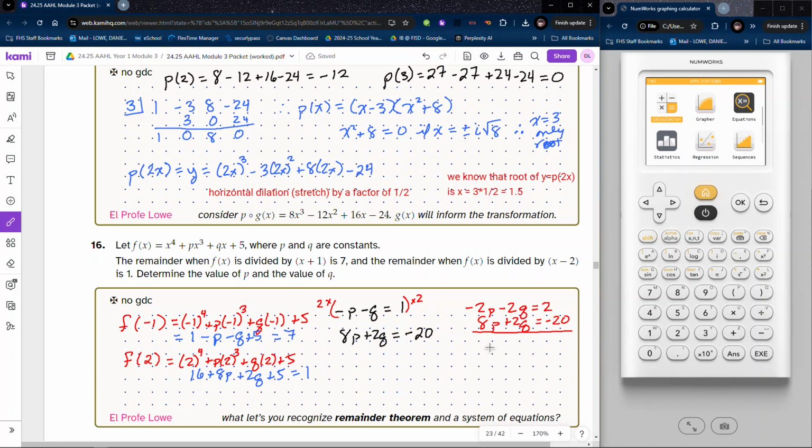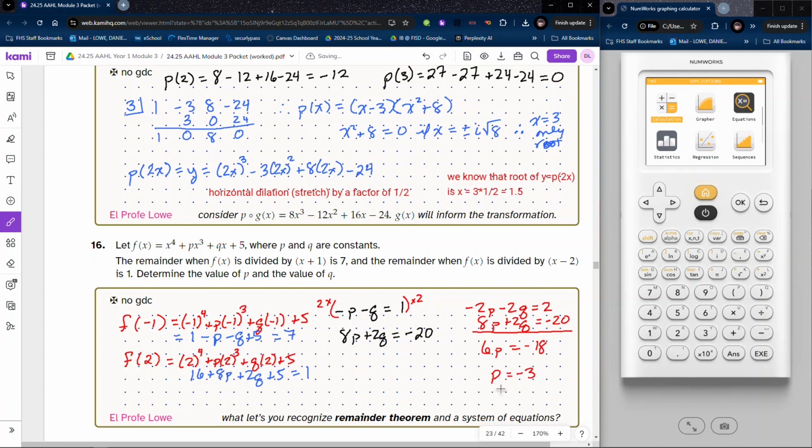If I add these two equations, I have 6p, and the q terms are going to be 0, so I've eliminated there. And negative 20 plus 2, that's going to be negative 18. And so from this information, I know that p will be equal to negative 3.